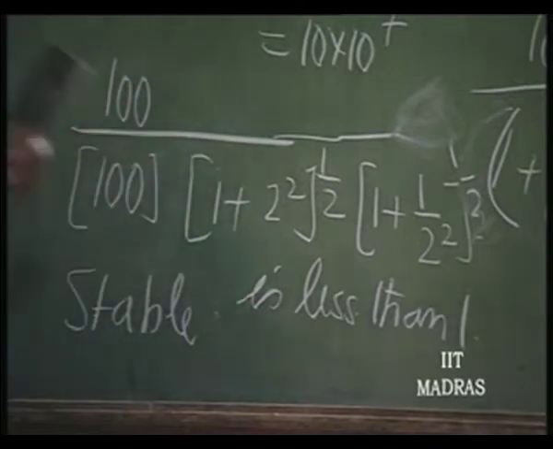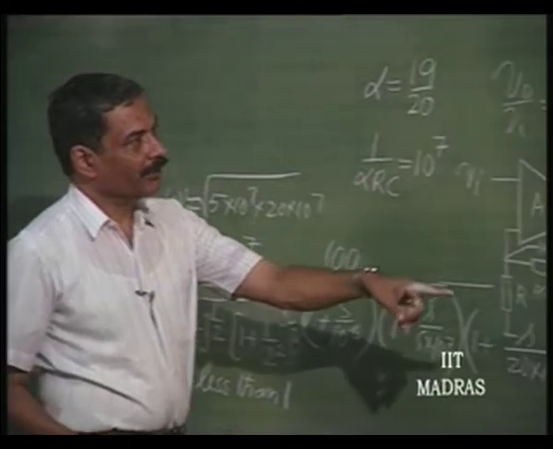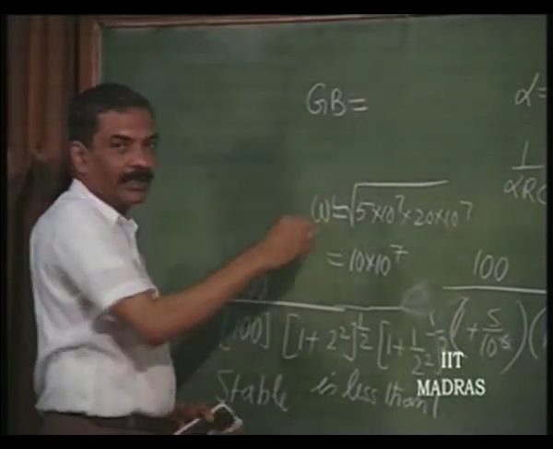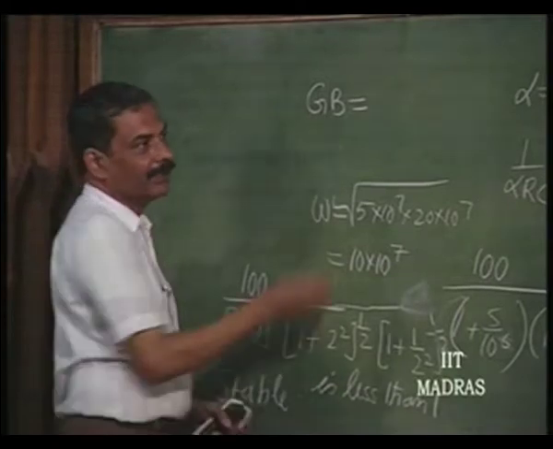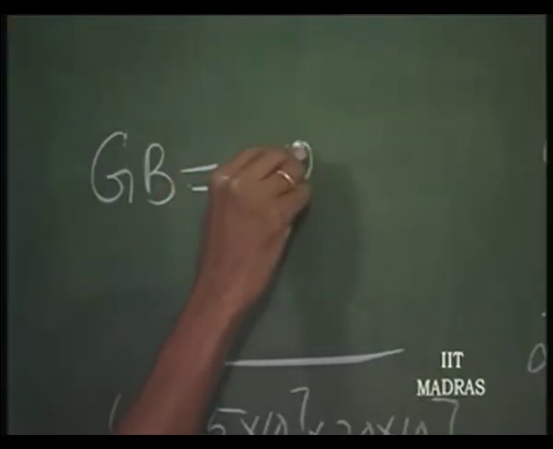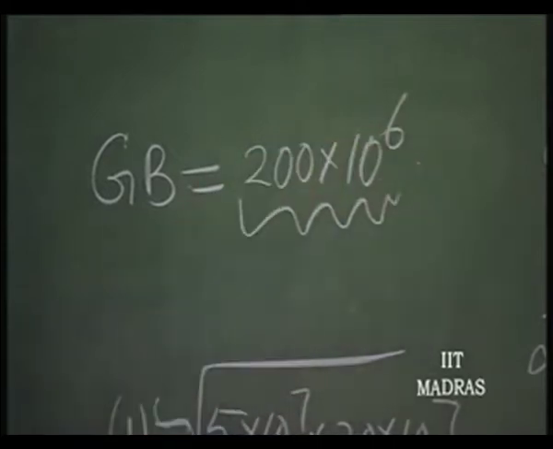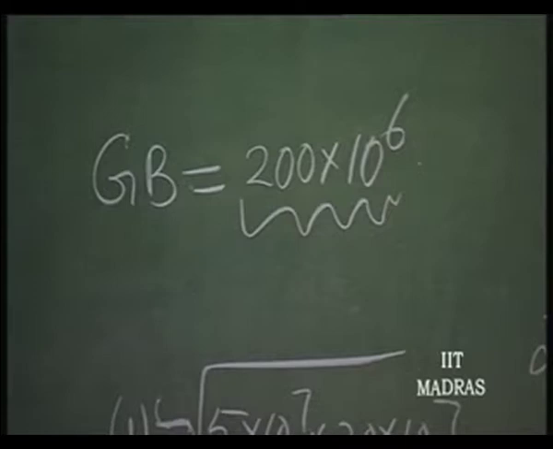We can build this, and it has a gain bandwidth product which is the same as the original amplifier which we started with, that is 200 into 10 to power 6. That is the gain bandwidth product. That means with a gain of 2, I can use it up to 100 into 10 to power 6.